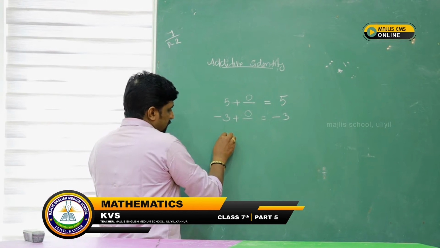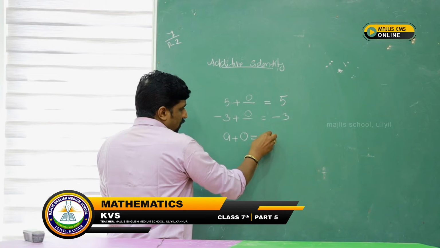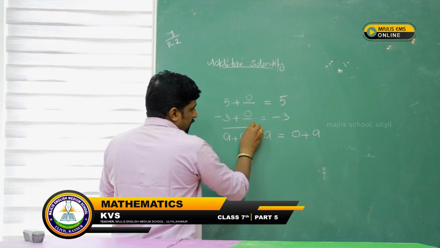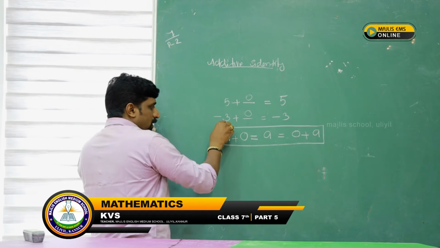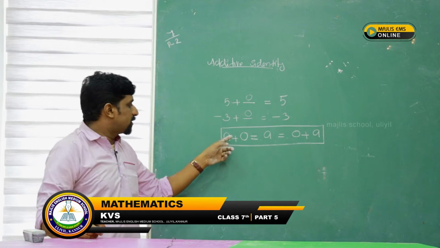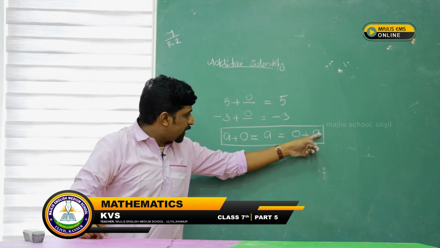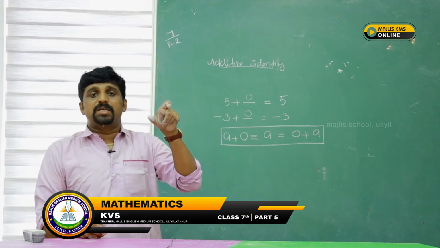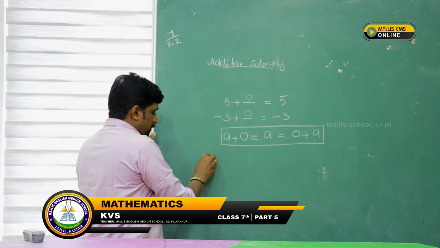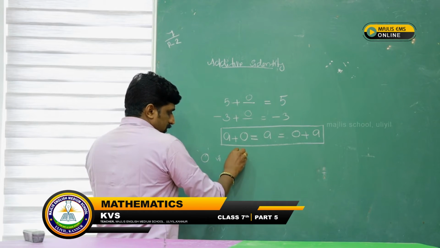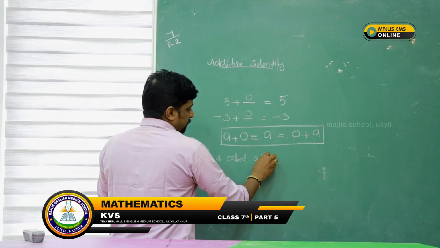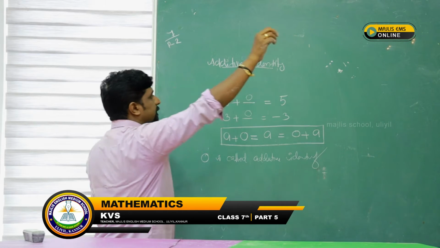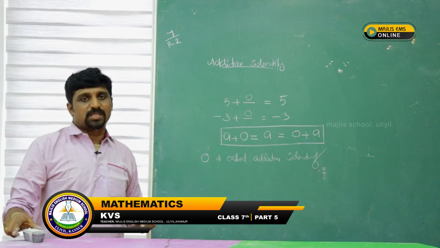Therefore, we can generally write: A plus 0 equal to A, that is equal to 0 plus A. When we add 0 to any number, we always get the same number as the answer. 0 is added to A, the answer is A. A is added to 0, the answer is A. Therefore 0 is called additive identity.